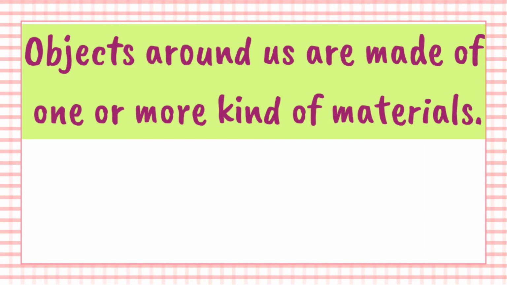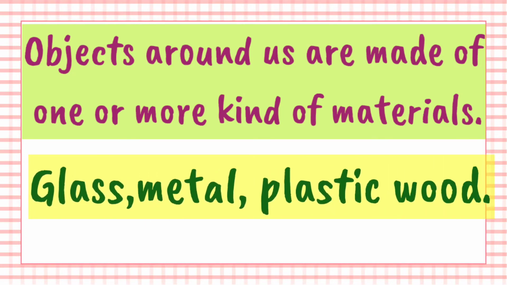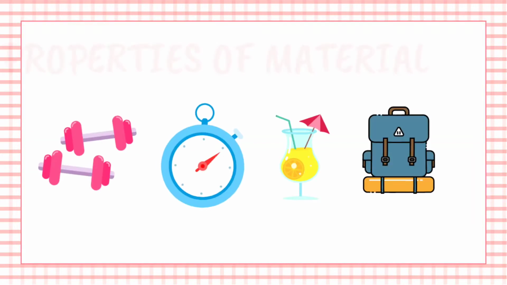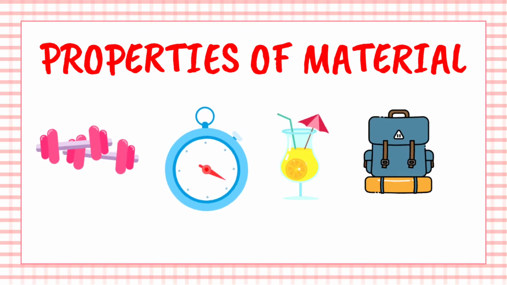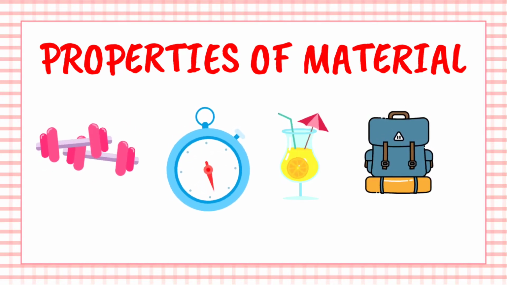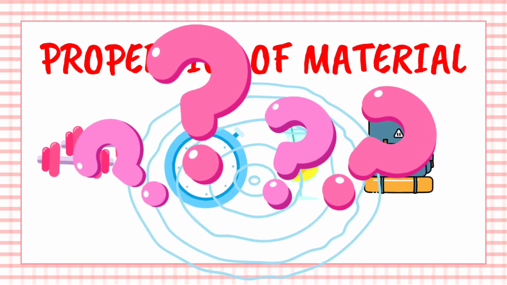All objects around us are made of one or more materials. These materials may be glass, metal, plastics, wood, cotton, paper, mud, or soil. We choose material to make any object depending on its properties and the purpose for which the object is to be used. So what are the properties of materials that would be important for their usage?